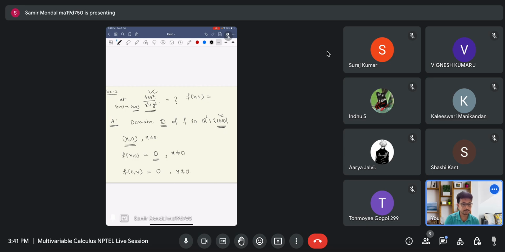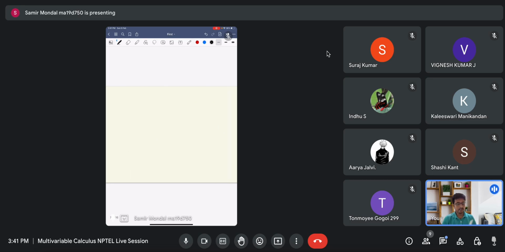Someone can guess? Please guess what would be the limit for this function. 0, sir. Yeah, 0. So we have to prove it. So what is our guess? Yes, we guess that the limit would be 0.